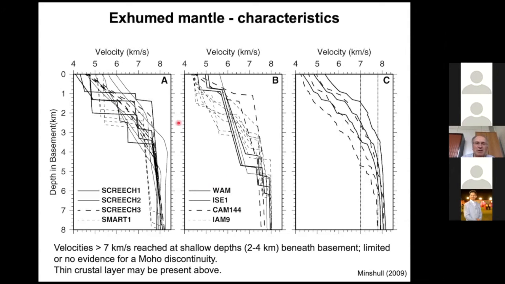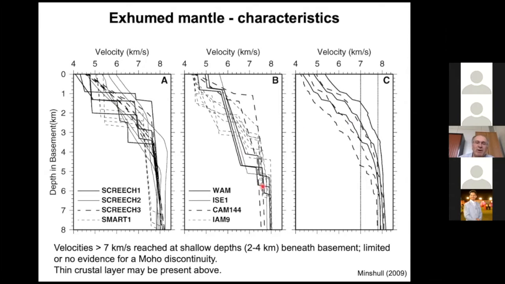And so these are the individual profiles, and then this is the mean and deviation from profiles on two sides of the Atlantic. What we see is that you reach velocities greater than 7 kilometers per second at quite shallow depths, about 2 to 4 kilometers below basement. And then we see rather limited or sometimes no evidence for a Moho discontinuity.